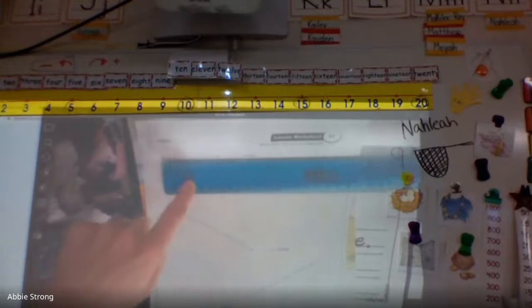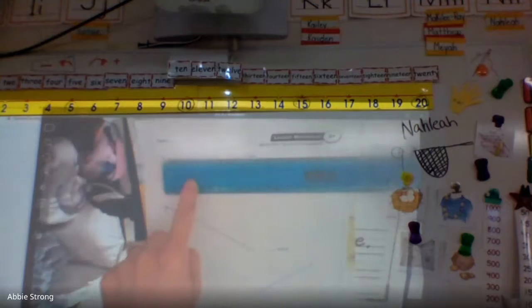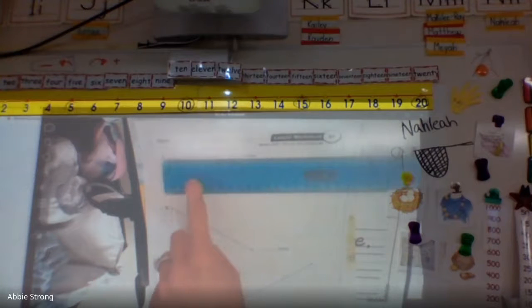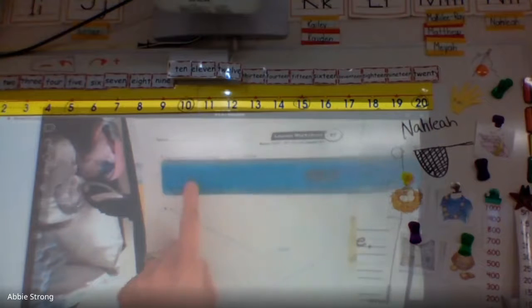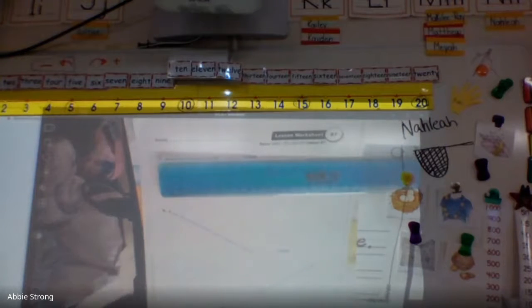You have to find the 0 side so that way you can make it match up with mine. I will come look in just a minute. Okay, I want you to just lay your ruler next to that dot so I can see that you've got it lined up on that 0.